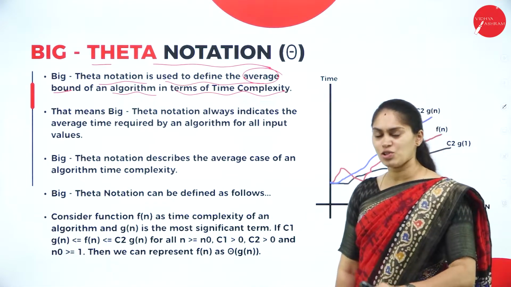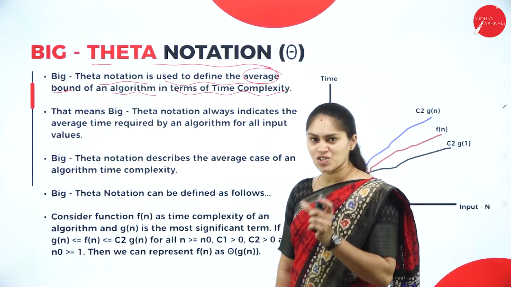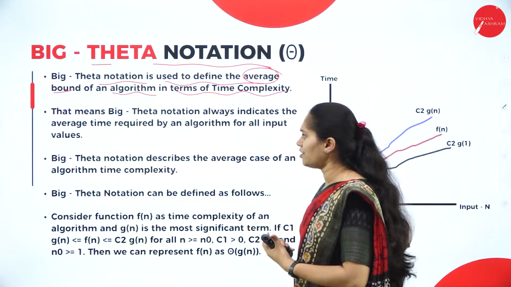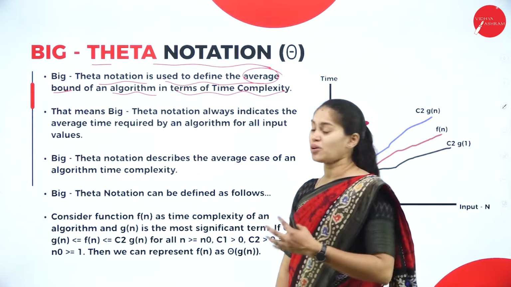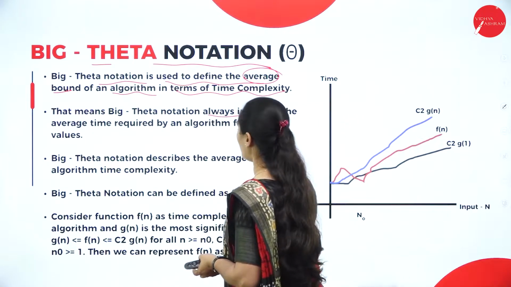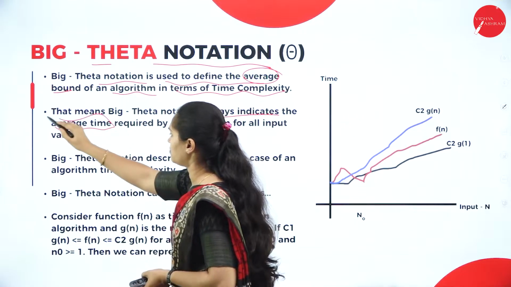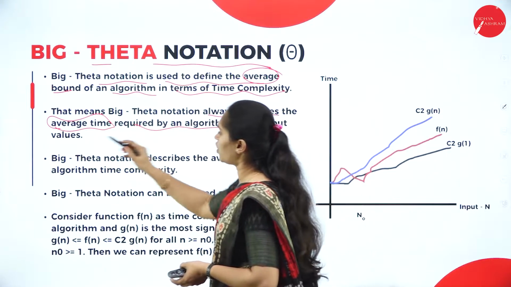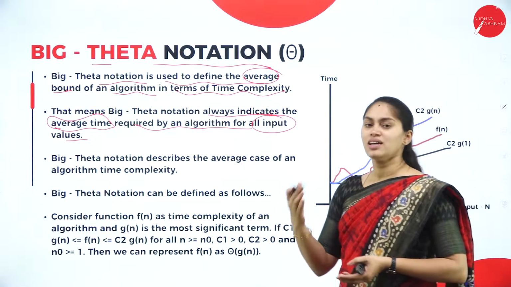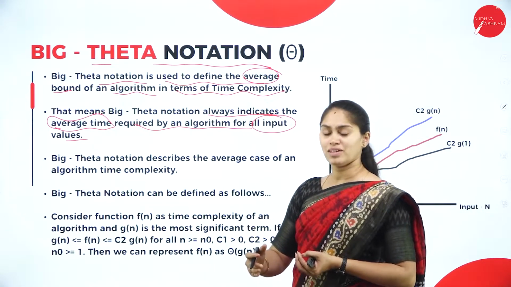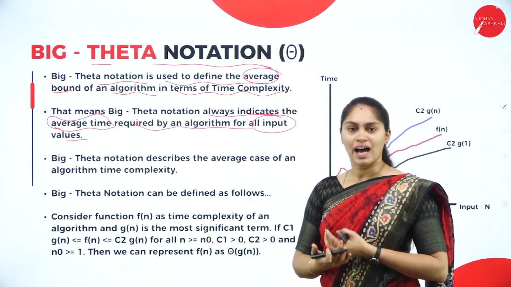It is used to define the average case required to solve a problem, and it always indicates the average time required by an algorithm for all the input values. For example, if I have 10 input values, how much time will it take to find the average case?